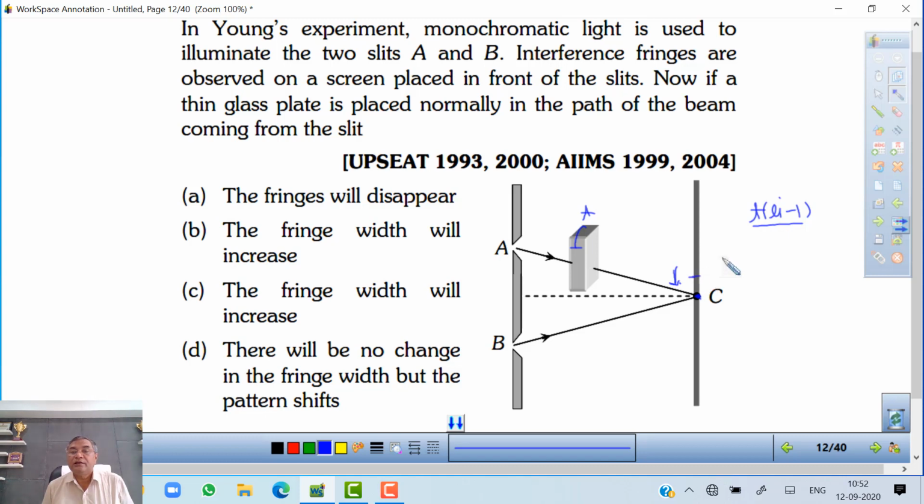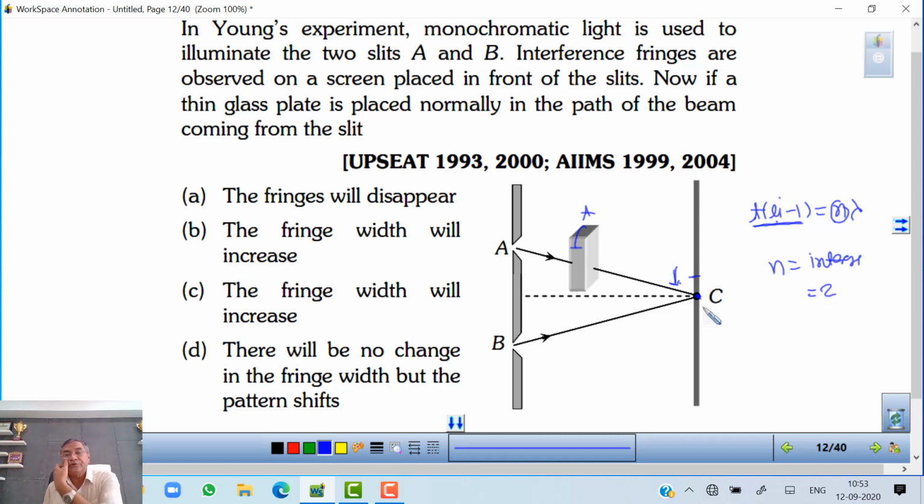And it depends on this path difference. Suppose it is n lambda. I put the value of t, I put the value of mu and lambda, then I calculate n. If n is an integer and I am getting 2, it means the center will shift to where the second maximum was, so the central maxima will shift to the position of the second maxima.